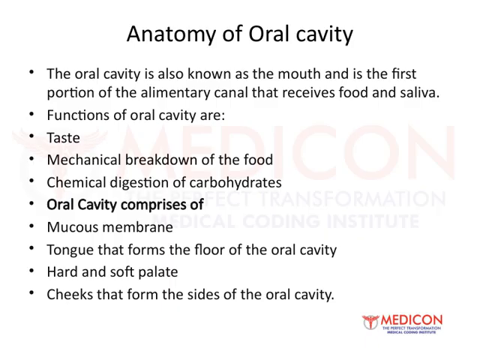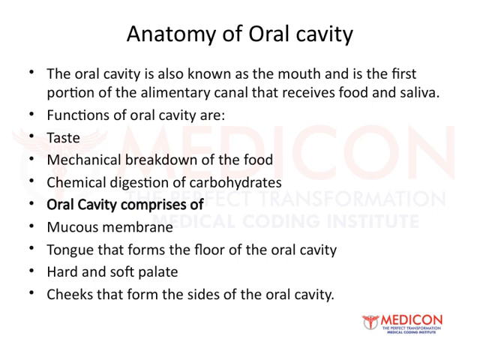Now, what makes up the oral cavity? The main structures include the mucous membrane, which lines the entire space and keeps it moist and protected. The tongue is a key component, forming the floor of the oral cavity, and it's vital for tasting, swallowing, and manipulating food. The hard and soft palate form the roof, providing a barrier between the oral and nasal cavities.